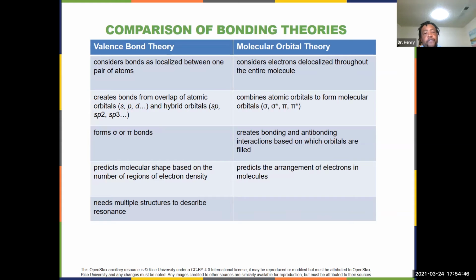And one of the differences between this and the valence bond theory is that we use molecular shape, or the EPG, to determine the number of regions of electron density that are going to exist, or are hybrid, right? So we use the shape to help us determine what hybrid we're going to need to make.